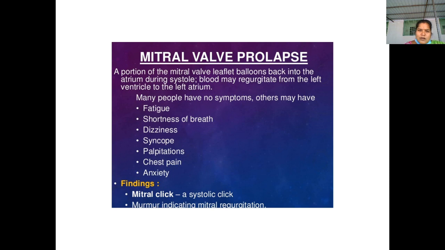In mitral valve prolapse, a portion of the mitral valve leaflet balloons back into the atrium. During systole, blood may regurgitate from the left ventricle to the left atrium. Many people have no symptoms.